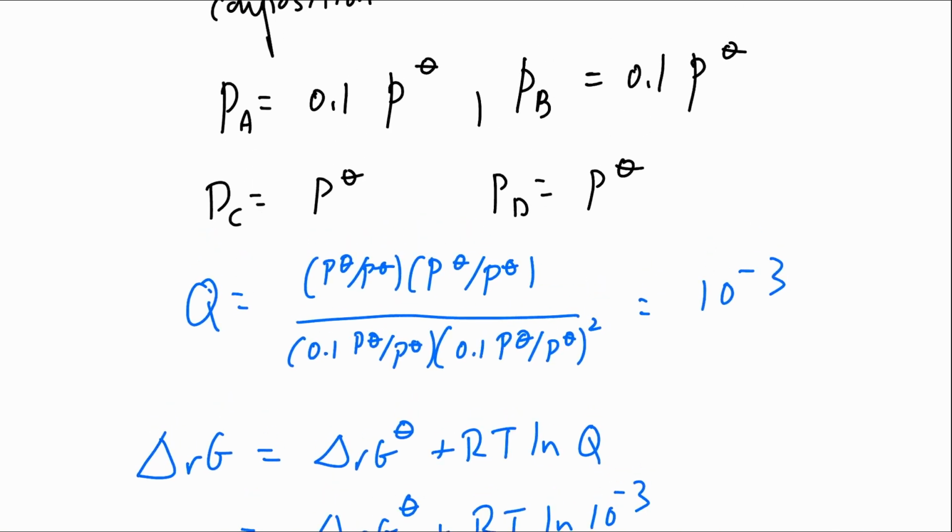Oops, I did this wrong. Let's fix this. This is what happens, because there's a 0.1 and a 0.1 squared. So that's 10 to the plus 3, right?